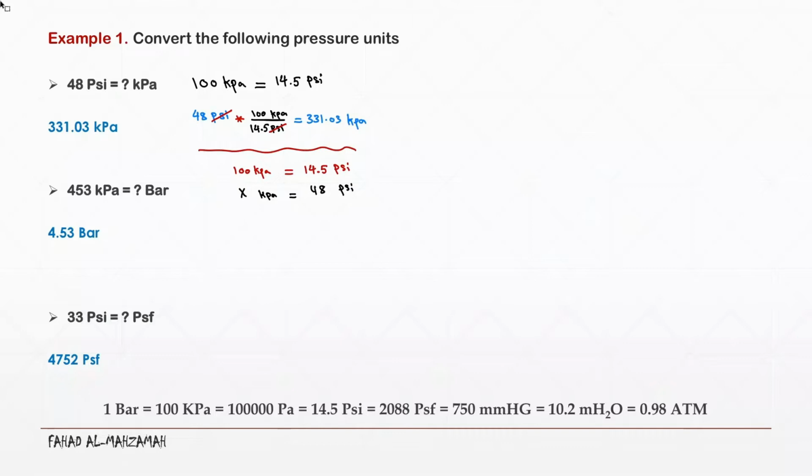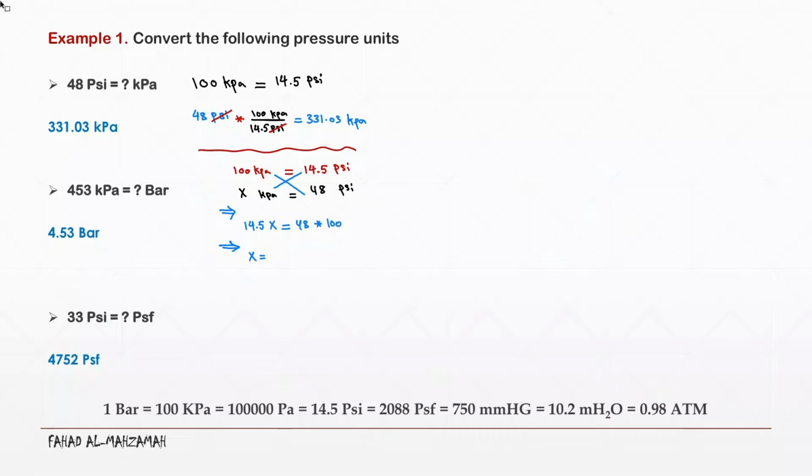So we have here 48 psi, and we have unknown kilopascal. By cross multiplication, you multiply the x by this side and the 48 by the other side, and you will get 14.5 x equals 48 multiply 100. In order to solve the equation and get the value of x, you will divide both sides by 14.5.